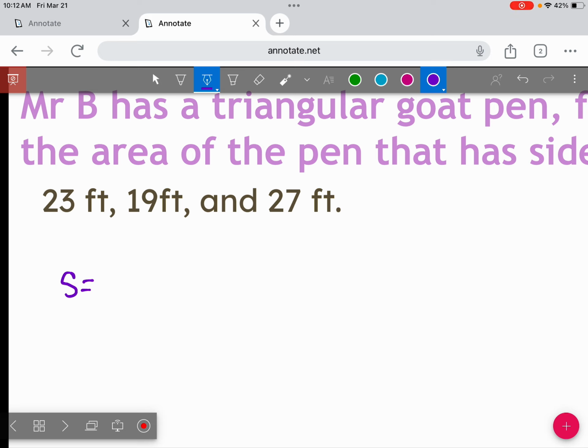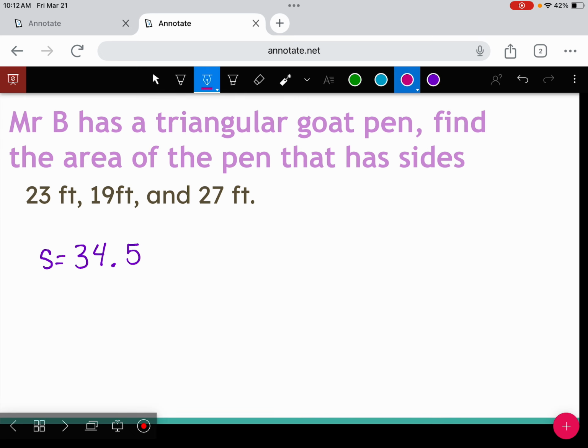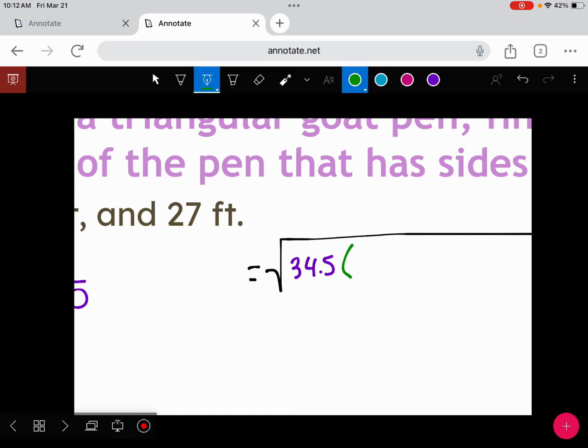Double checking because I've had problems with it before. 34.5. Yes. Good. 34.5 is that S. So when we're setting up Heron's, that's the first thing we need, because with Heron's we need our square root, and then we find our difference of that 34.5 with each of the sides.